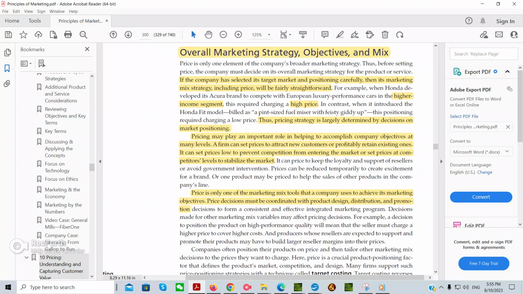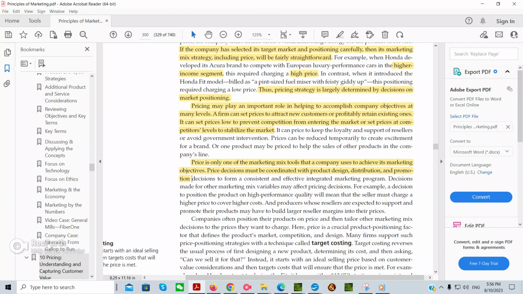What does it cost to produce the product or service? Are there cheaper ways, or is it more expensive? And what niche are you serving? If you have a niche where they want more for it, then it's going to cost you more, and at the same time, you have to charge more.